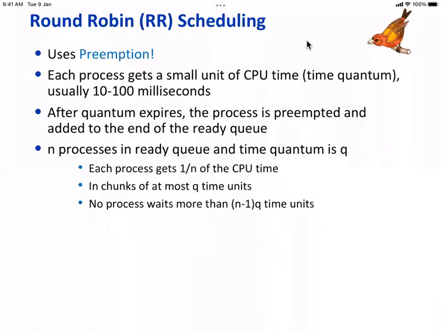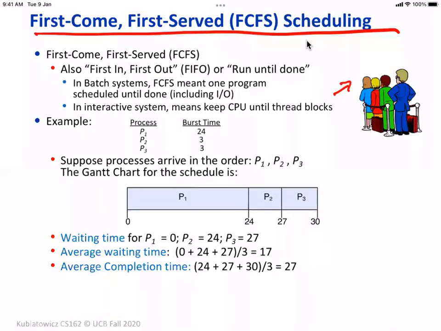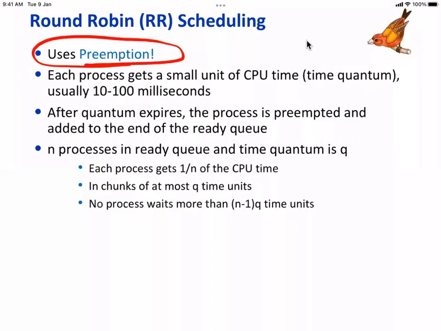Then something that we also use often is the round robin method. Round robin uses preemption, so the concept of preemption comes in here, while earlier it was run until completion. Here each job is given some time.